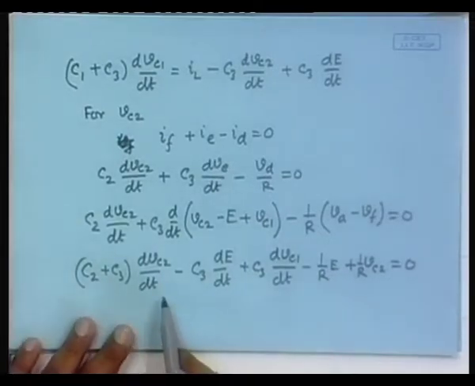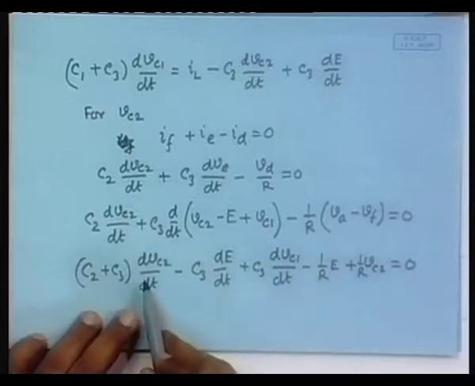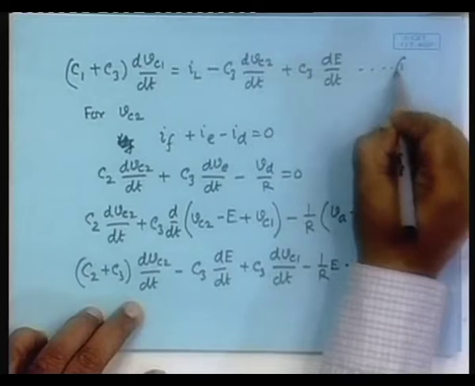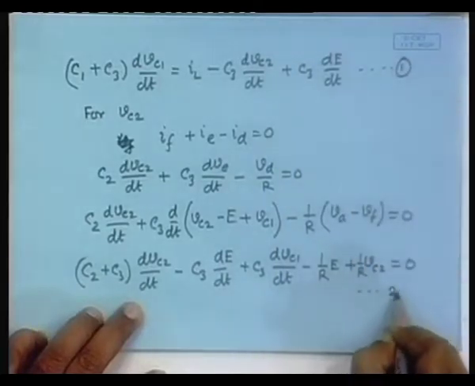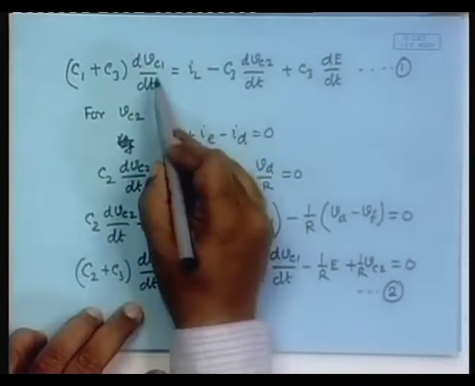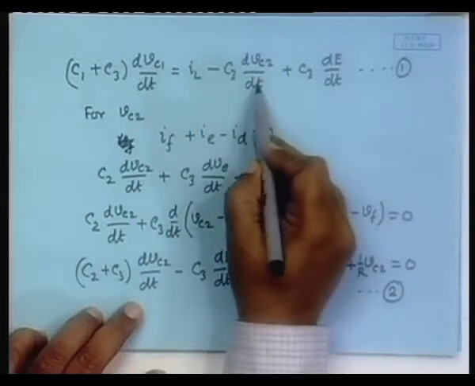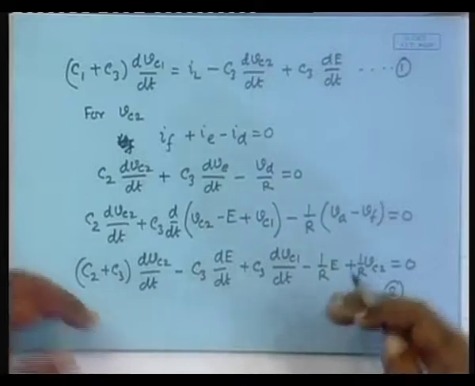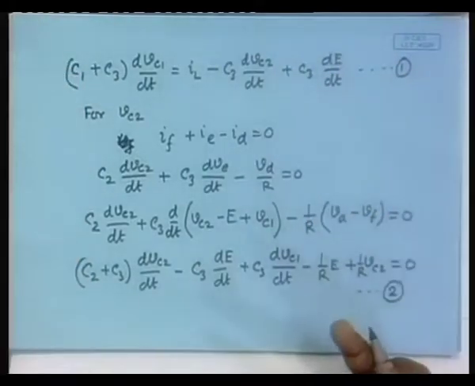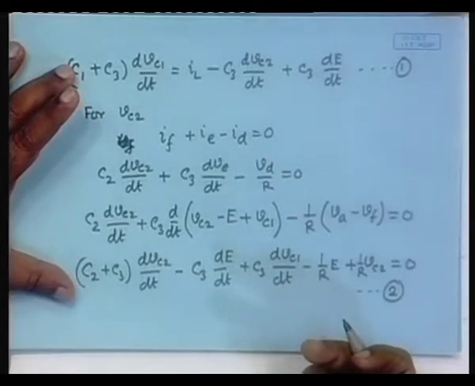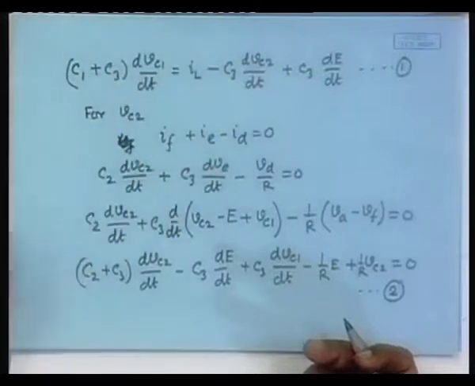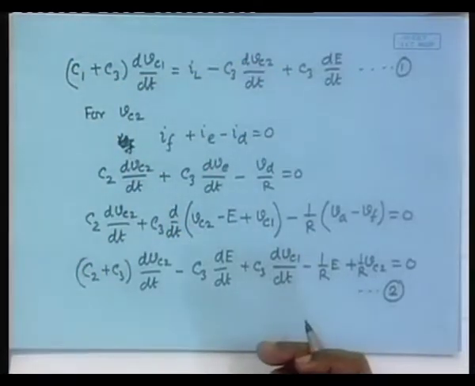Again we see that we have arrived at an equation that includes both. So this was one equation and this was the other equation. This contains both this term and this term. This also contains this term as well as this term. So you can use these two to eliminate one to obtain the other. So it is a two equations, two unknowns problem you can easily solve to obtain this and that individually. Okay.